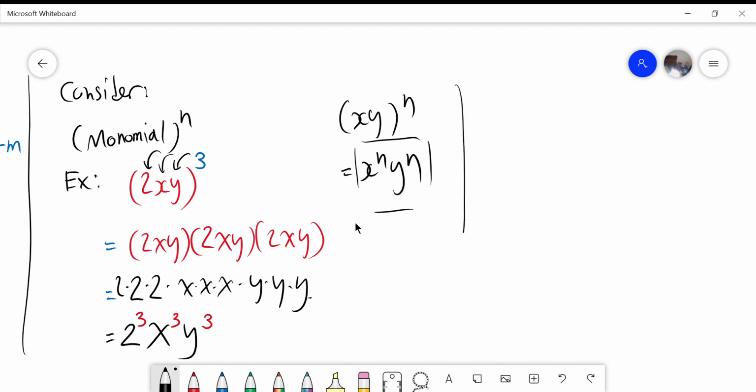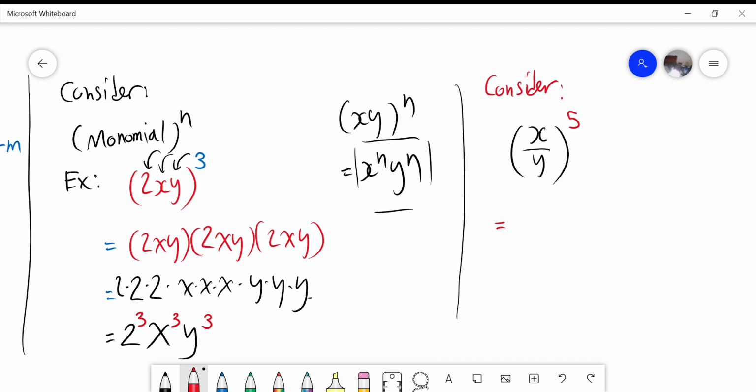Okay, now we're going to consider a quotient raised to a power. So let's consider something like x over y to the 5. How will we simplify this? Well, we can first rewrite the power of y as y to the minus 1, and this is going to be raised to the 5.